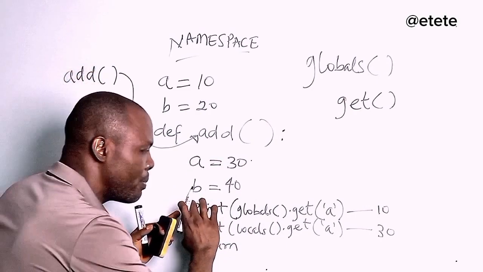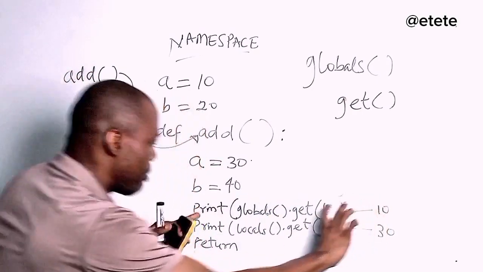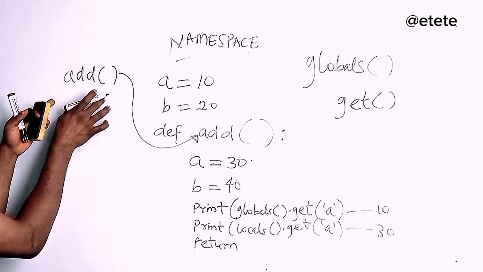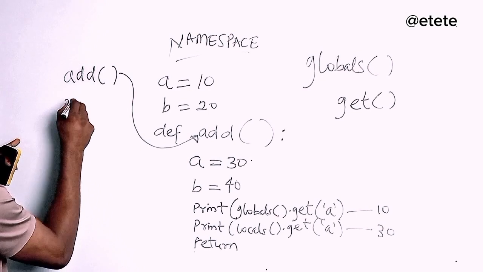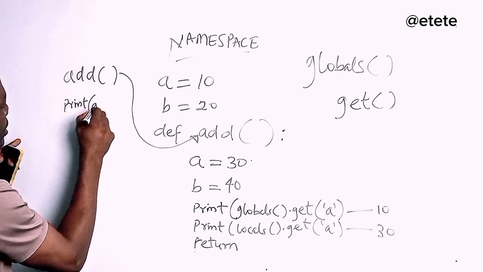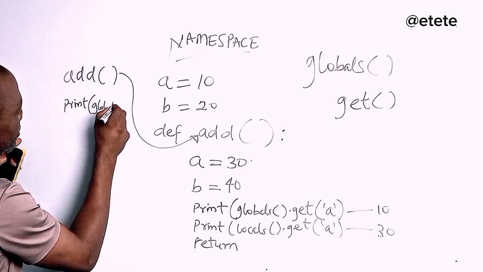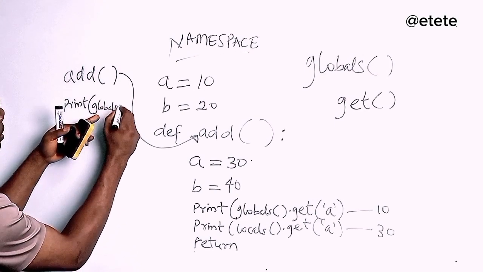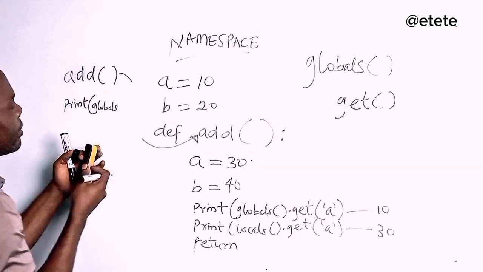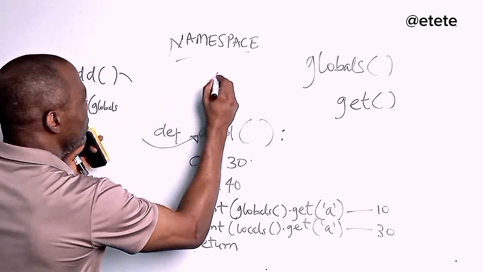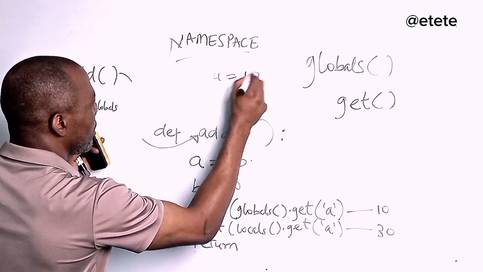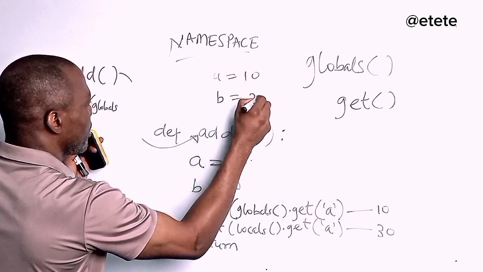Now, I am going to replicate all this. I'm going to replicate it here outside of the function call. So I'm going to say print, right? Then I'll say globals. Let me put this here.